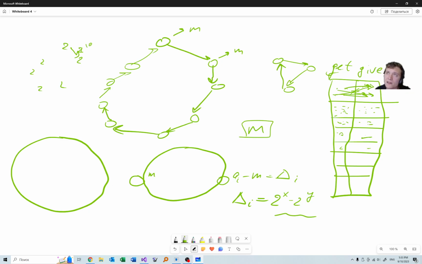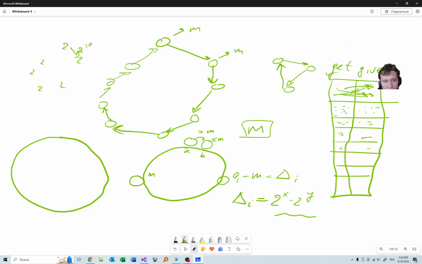So since it is a cycle, there is a number which is greater than m. Okay? But there also should be a number which is less than m, or at most m. So this person gives something here. And if we're living in a sad world, then, okay, let it be a, let it be b.